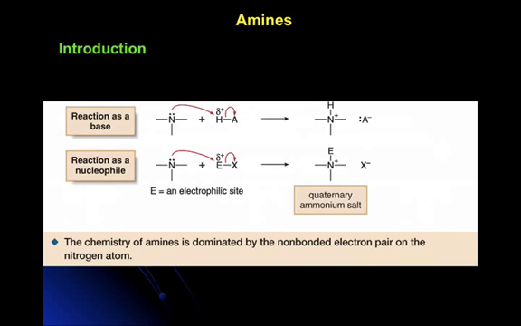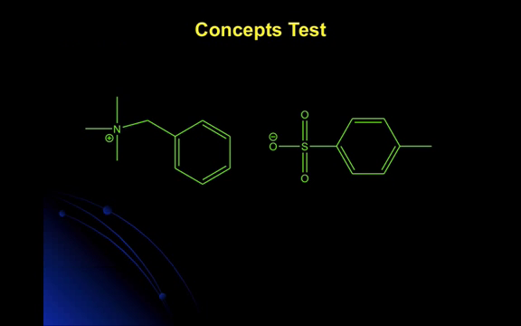So when a nucleophile attacks a hydrogen or a proton, right, we're talking about acid-base chemistry. When it attacks a carbon atom or some other atom other than hydrogen, then we're talking about it behaving as a nucleophile. Okay? So real quick, I want you to show me a method for making that quaternary ammonium salt.